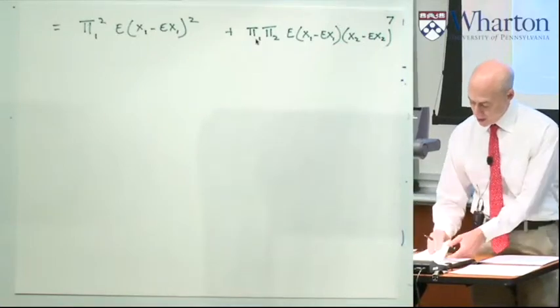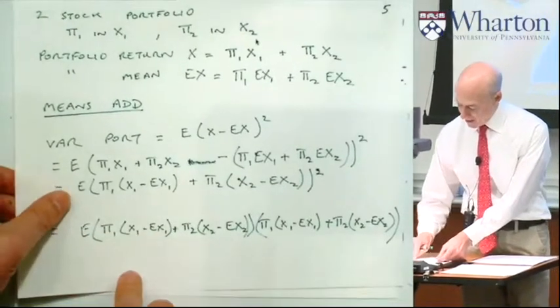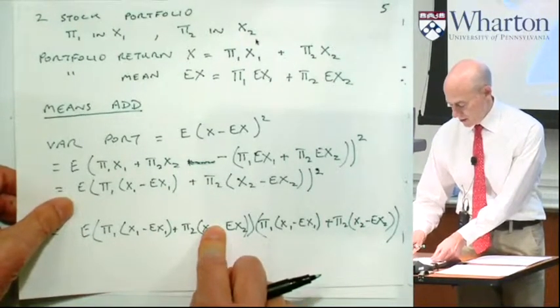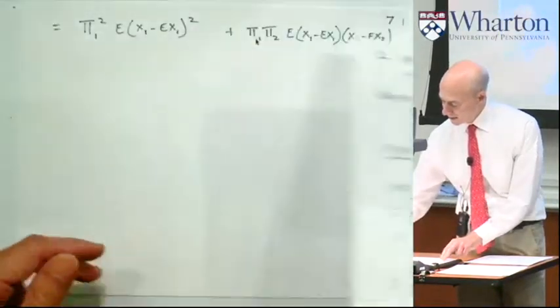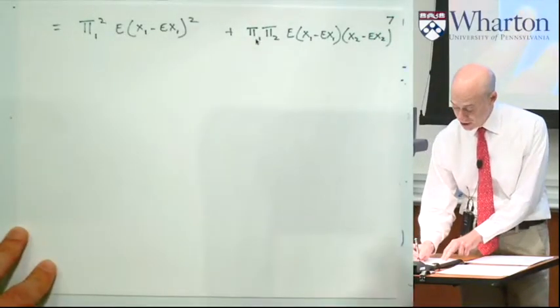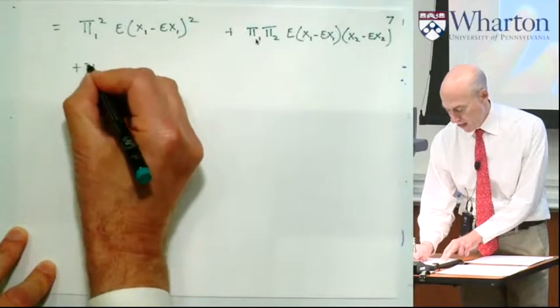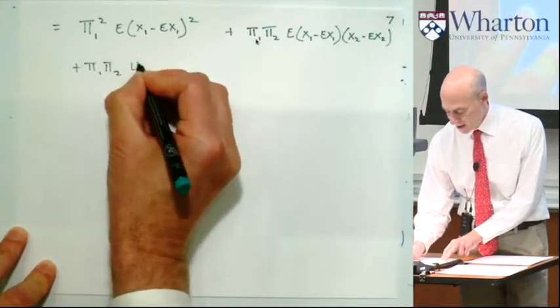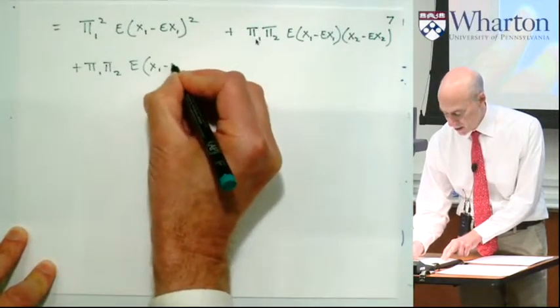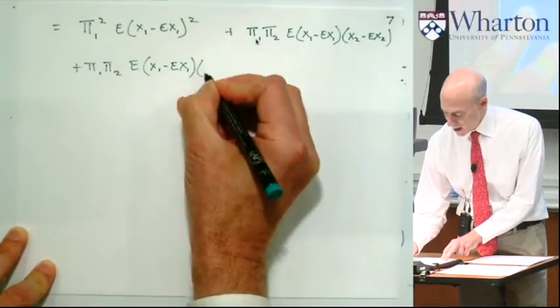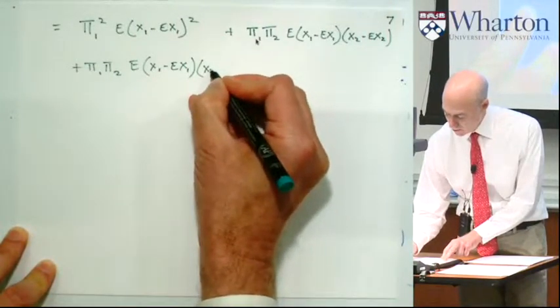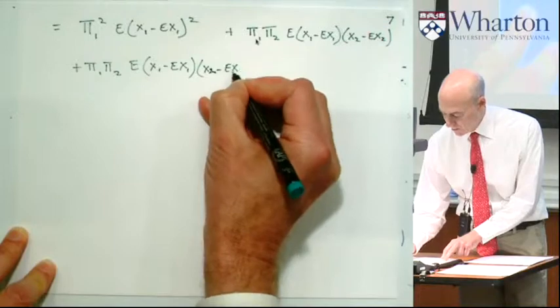And if we keep on going, this term times this term, we get another pi 1 pi 2 term, and that's (x1 minus EX1)(x2 minus EX2).